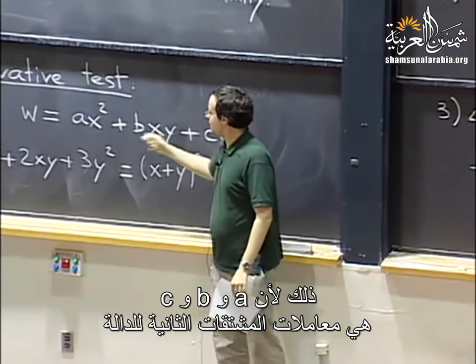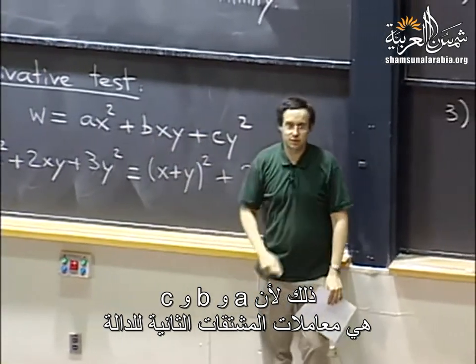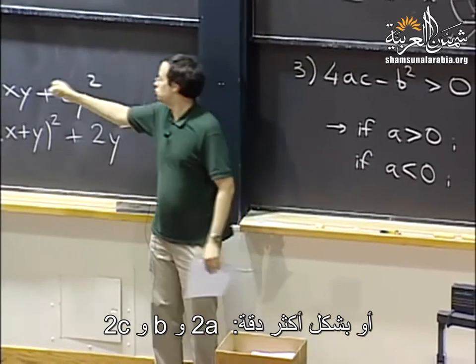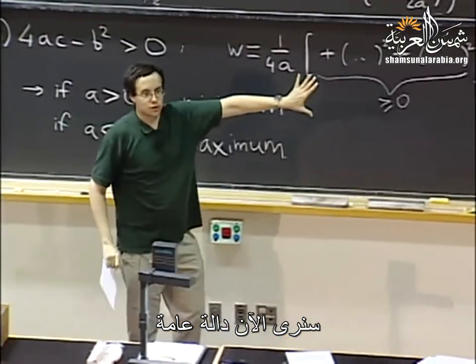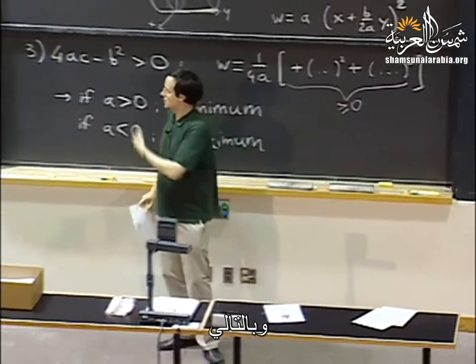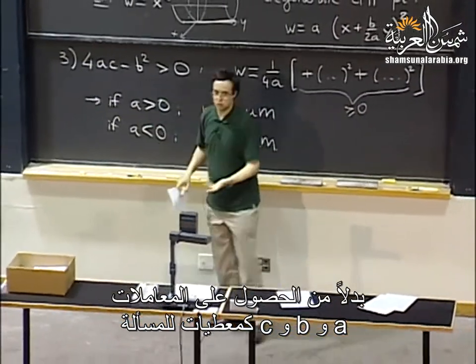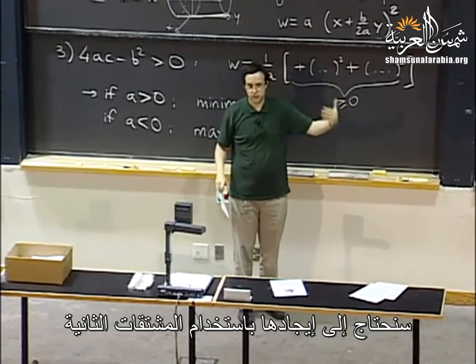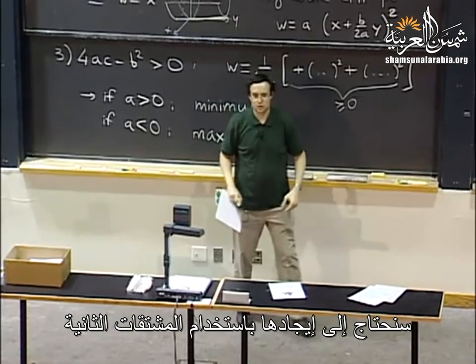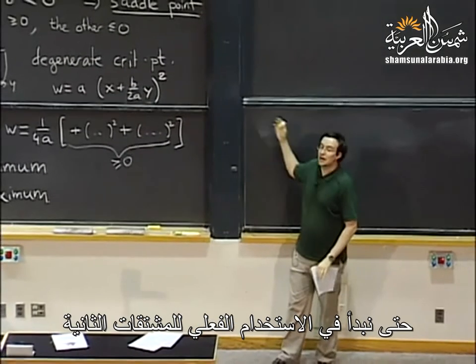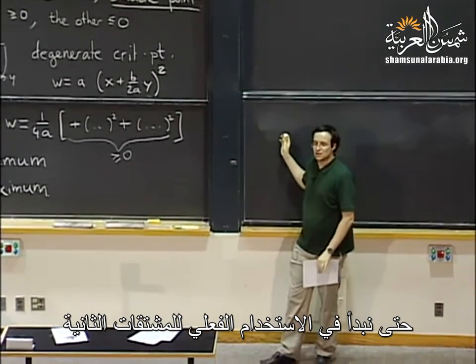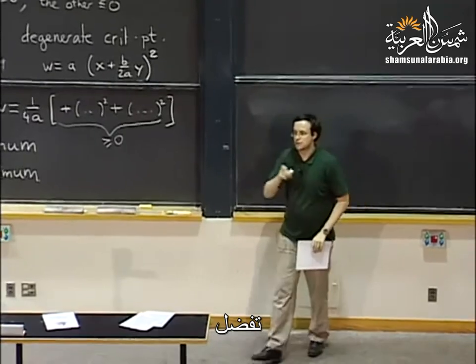But secretly, a, b, and c will be the second derivatives of the function, actually 2a, b, and 2c. So now we're going to go to a general function. And there, instead of having these coefficients a, b, and c given to us, we'll have to compute them as second derivatives. Okay? So here I'm basically setting the stage for what will be the actual criterion we'll use using second derivatives.